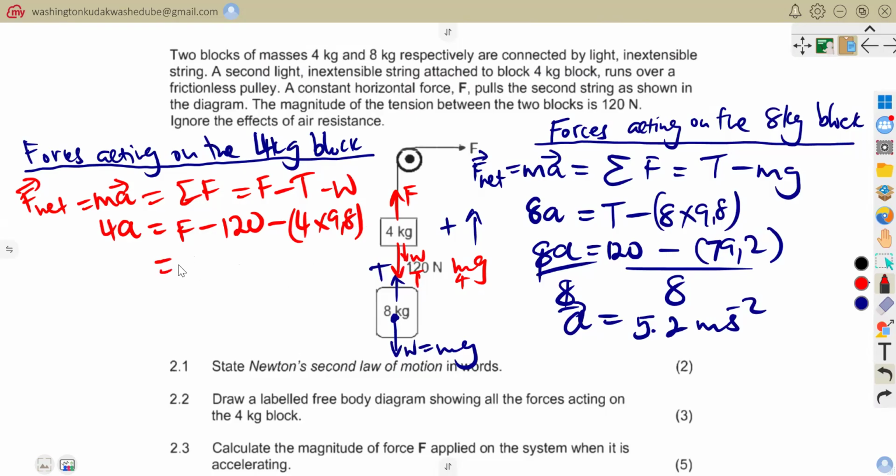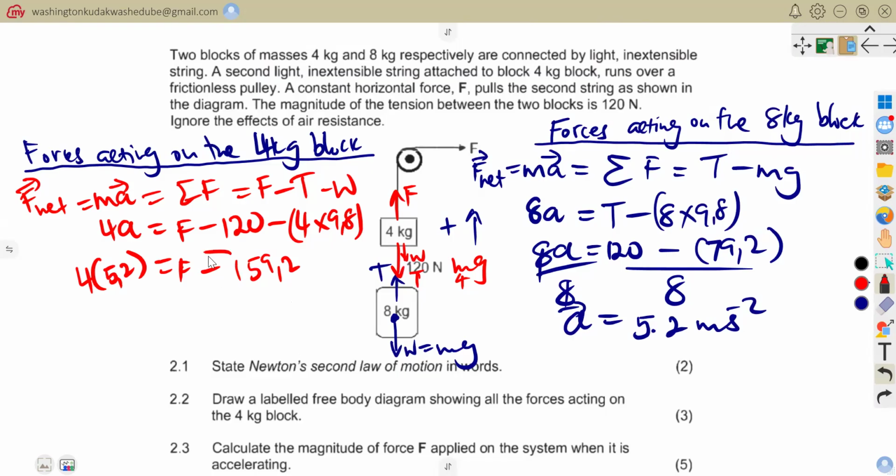After that, I would be left with F minus 120 minus 4 times 9.8. Actually I have to add these up. If I add these ones, I'm supposed to get 159.2. And mind you, the acceleration, we said it's 5.2.